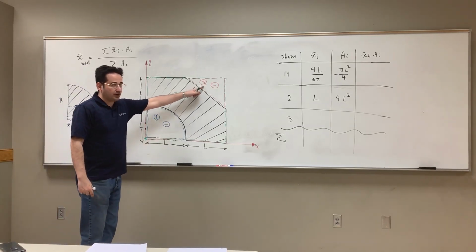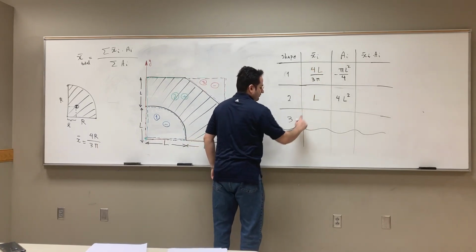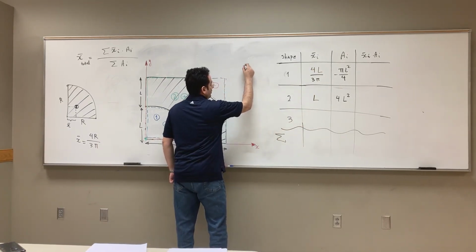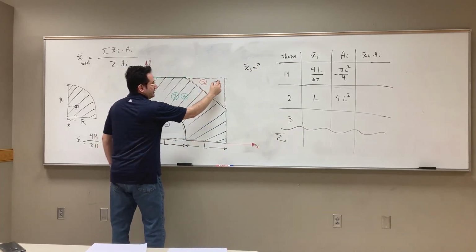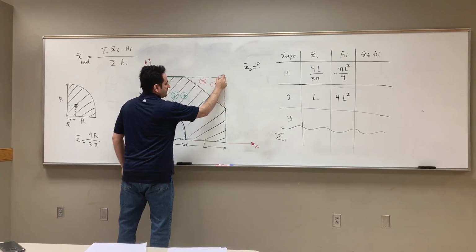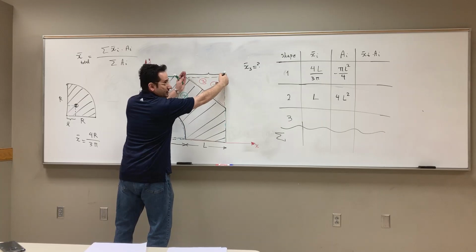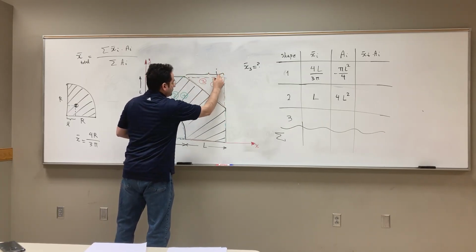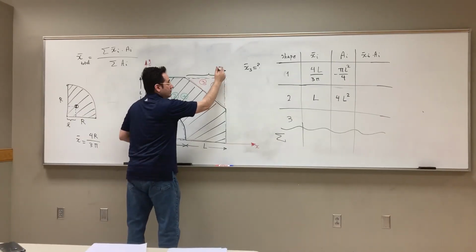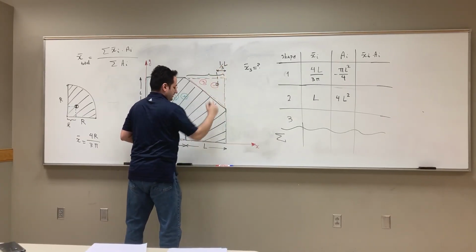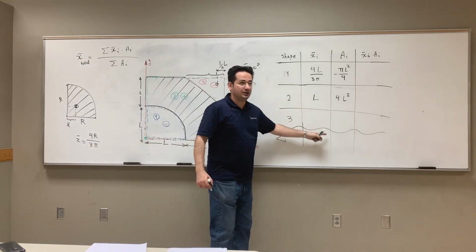Now let's go to the third one. Again, x bar for shape 3. In fact, I'm trying to get x bar 3. Well, you know that the centroid of a triangle is 1/3 of whatever this height is. What is this height? L. So this centroid from the base to this point is 1/3 of L. But look, is that what I need to put in the table?